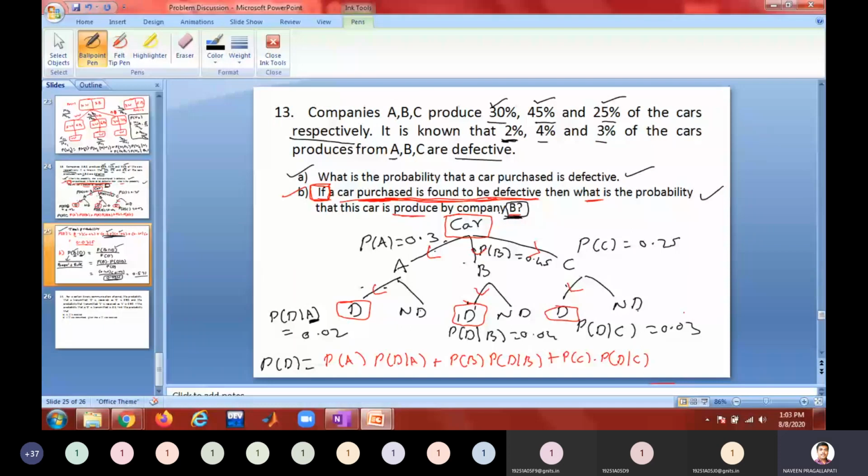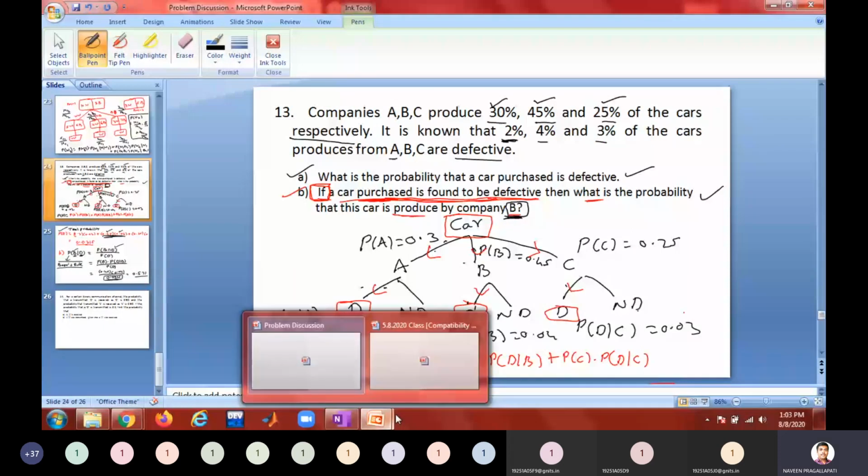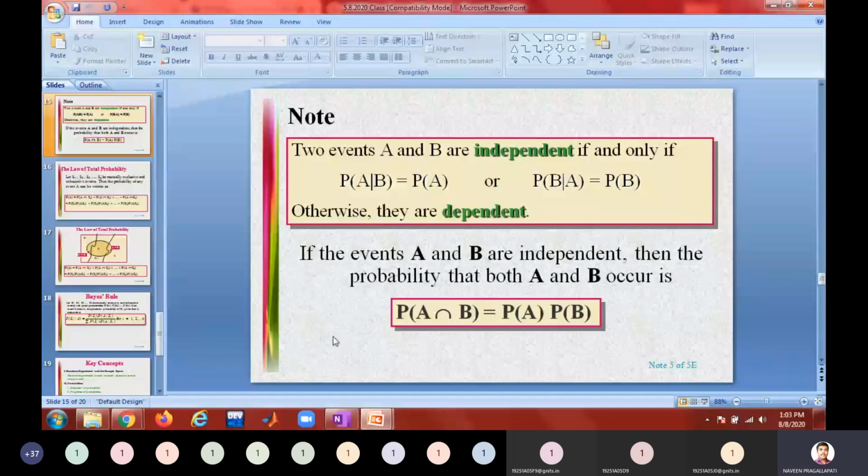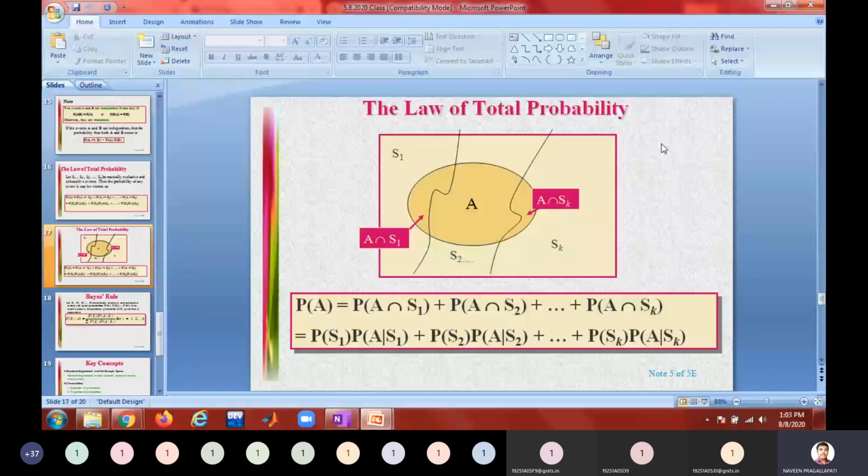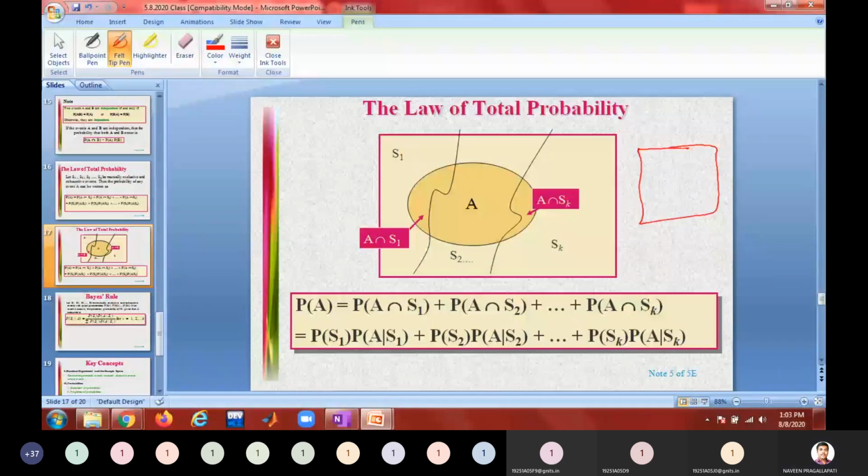So this is the law of total probability, what we just found. You can have a sample space in which you have an event. This sample space is partitioned into several parts. These are all disjoint events, written here as S1, S2, and so on, Sn.